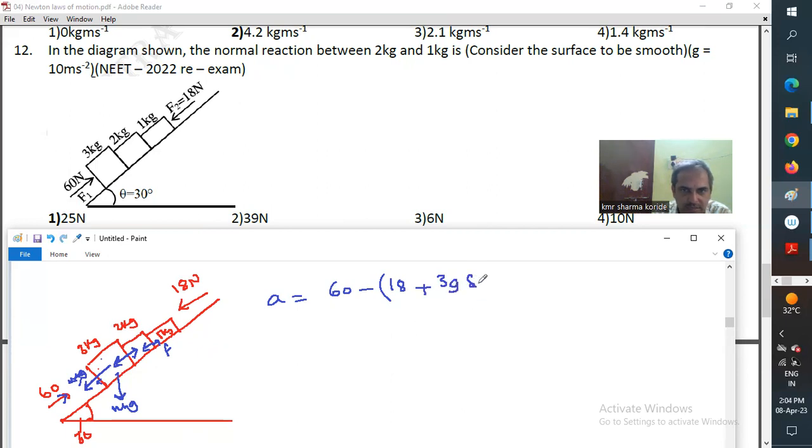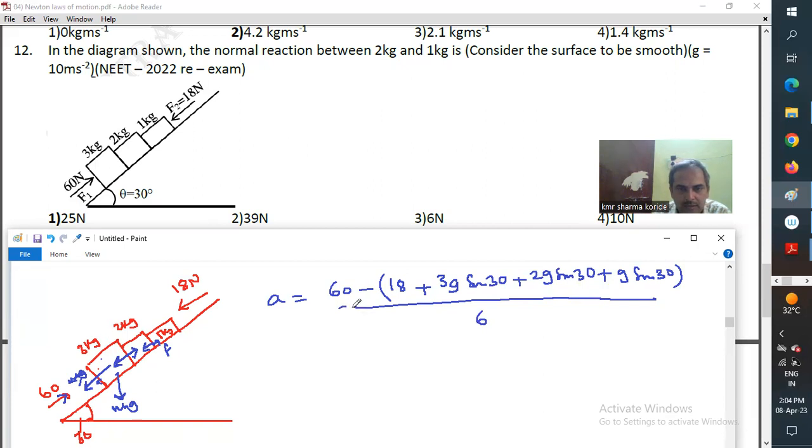You can write 3g sin 30 plus 2g sin 30 plus 1g sin 30. Or otherwise you can write g sin 30 whole divided by, 18 already written, so divide by total mass, 3 plus 2 plus 1. So it is 6. So acceleration is the acceleration of the system.